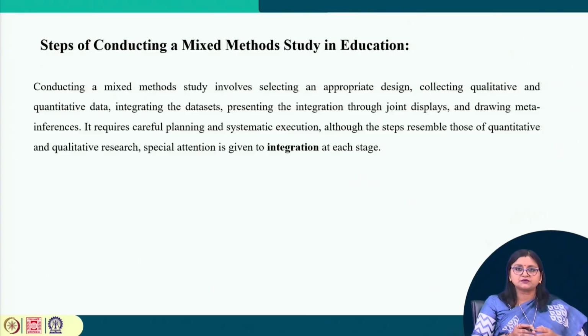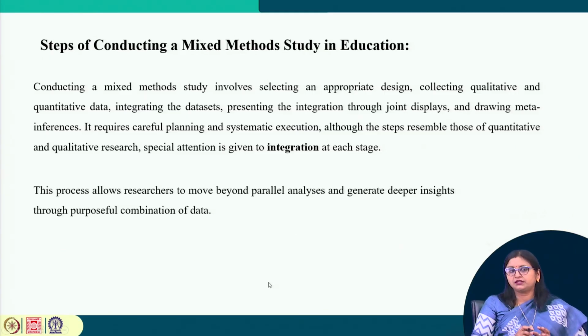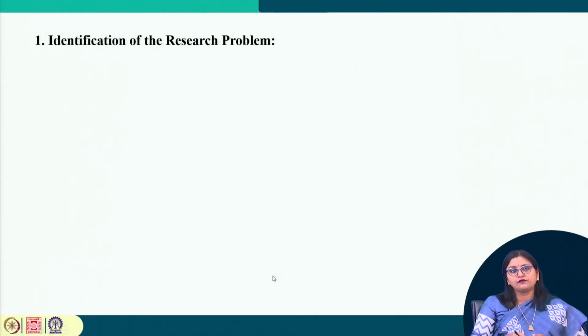Although the steps resemble those of quantitative and qualitative research, special attention is given to the integration at each stage. This integration is important. This process allows researchers to move beyond parallel analysis and generate deeper insights through purposeful combination of data.